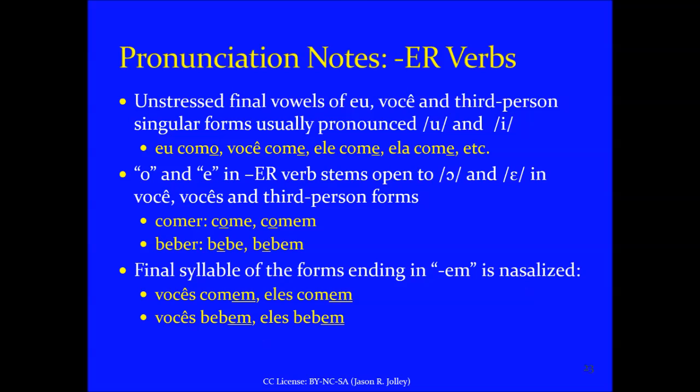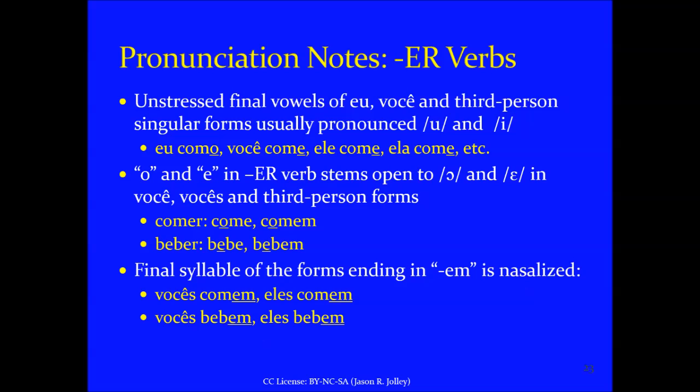Okay. Also, in the case of ER verbs like comer and beber, that have, for example, an O and an E as the final vowel in their stems, the pronunciation of those vowels opens in the você, vocês, and third person forms, singular and plural, so that rather than the O sound in eu como and comemos, you pronounce something closer to O. Você come, ele come, vocês comem, eles comem.